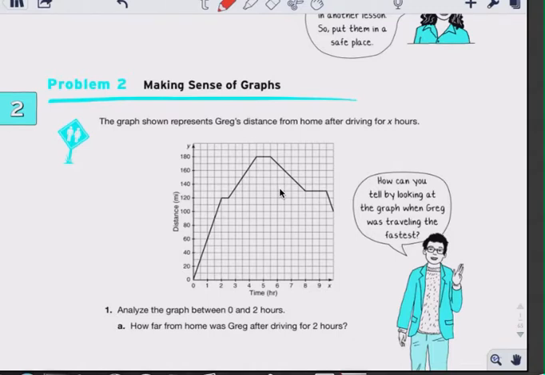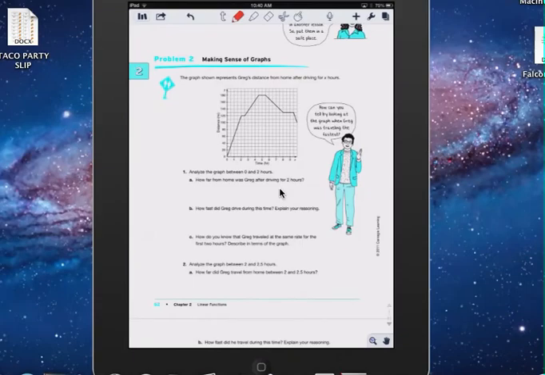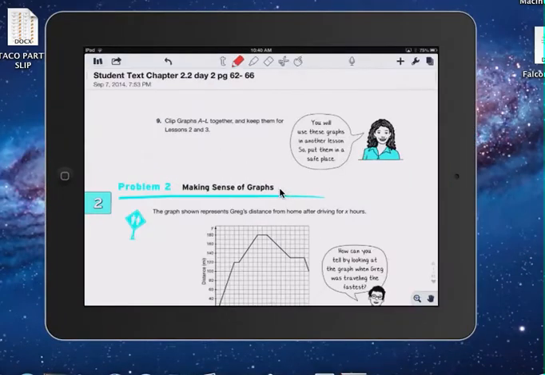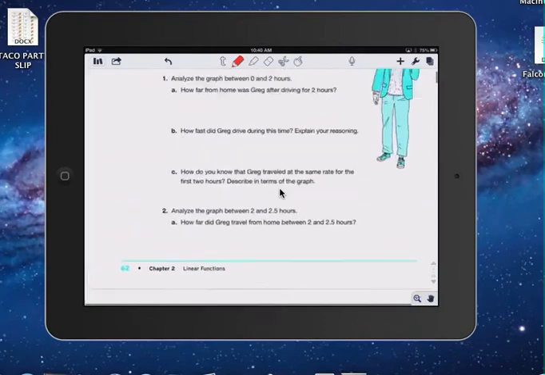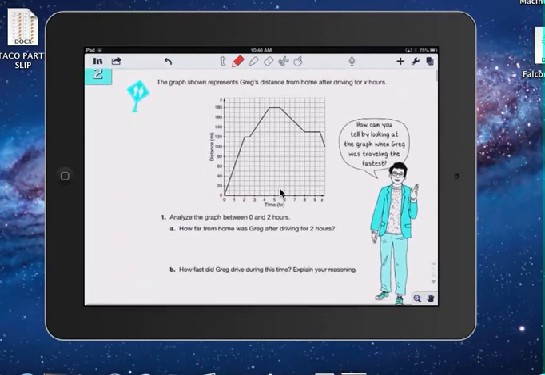Okay, here's what I need you to listen to. Make sense of graph, on page 62. On page 62. Okay? Yes, put it back in your binder here.